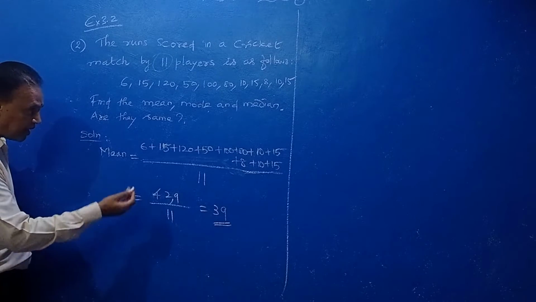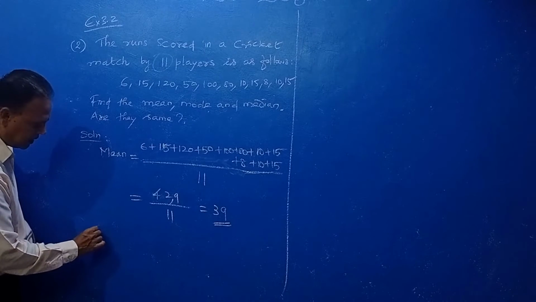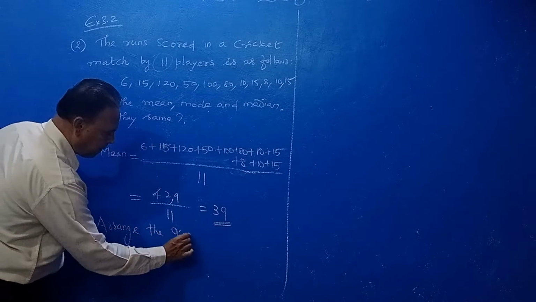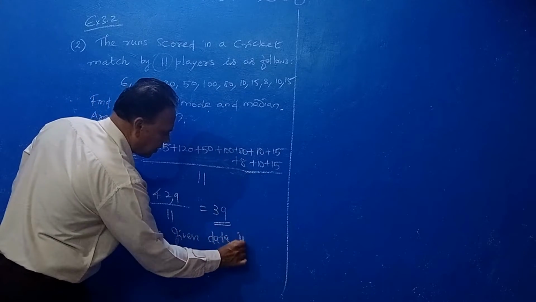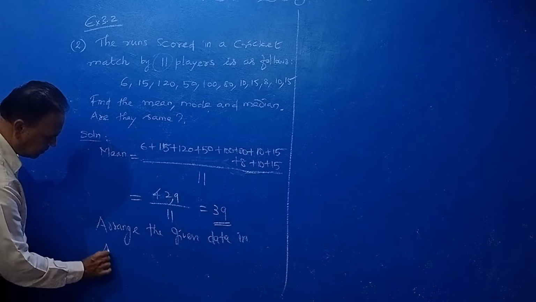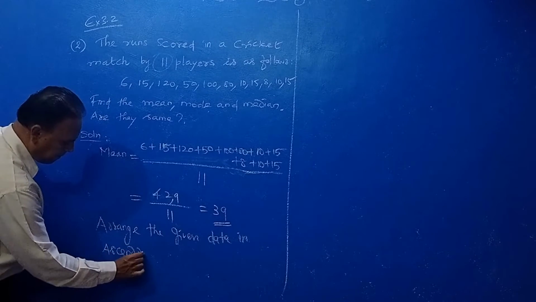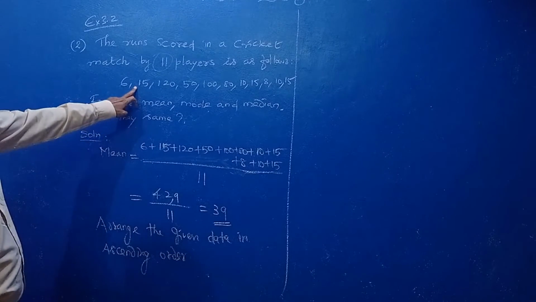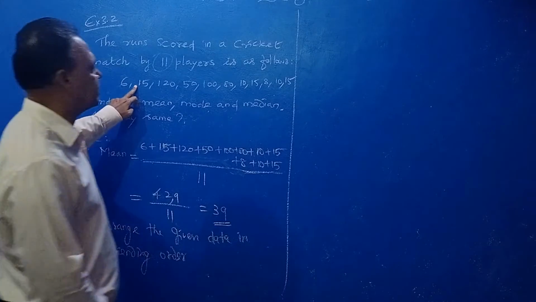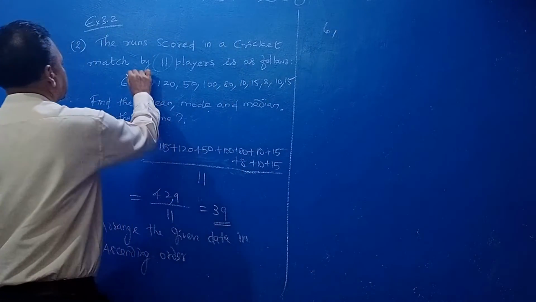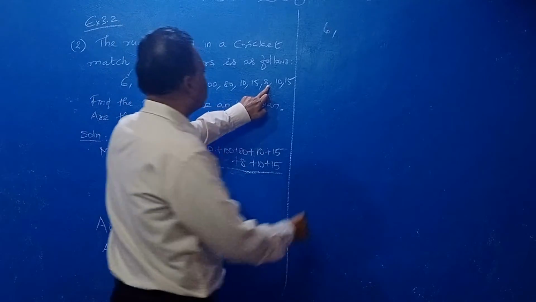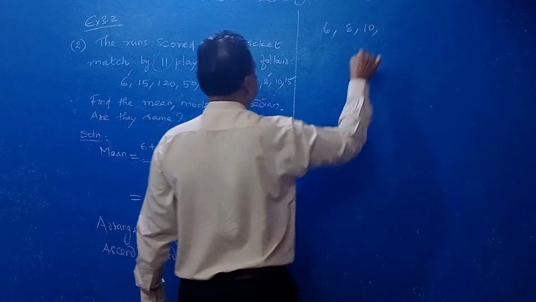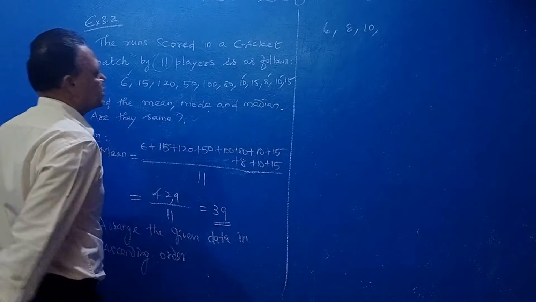Next we have to find the mode. What is mode? You have to arrange the data in ascending order. Arrange the given data in ascending order. Which is lowest? 6. Then next data 8. Then next 10. Another 10 is also there.